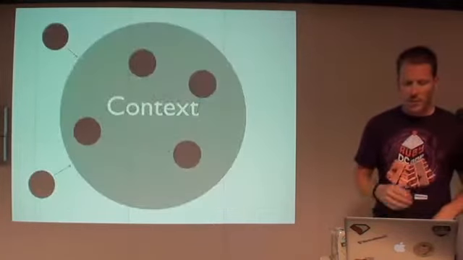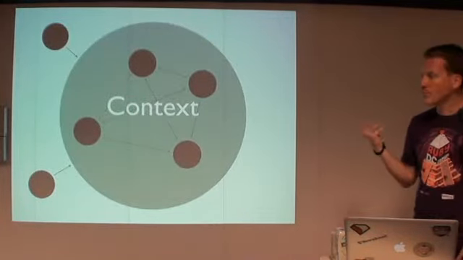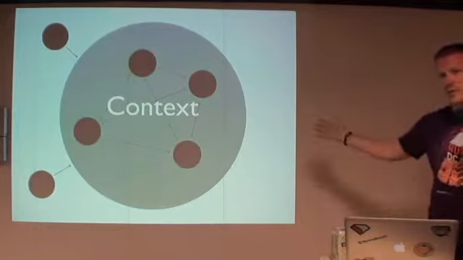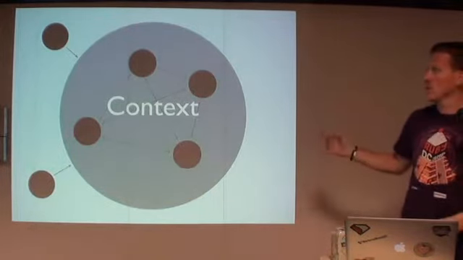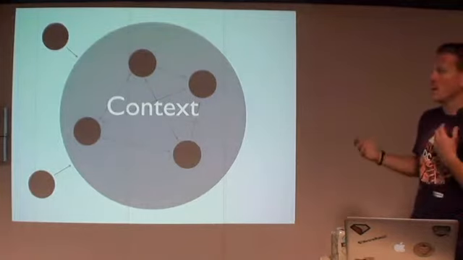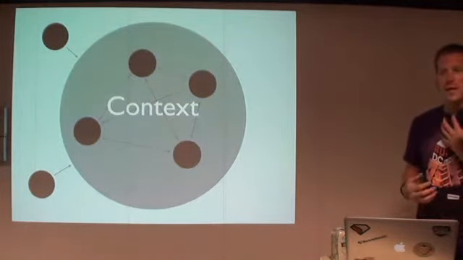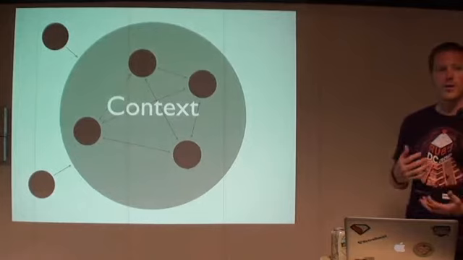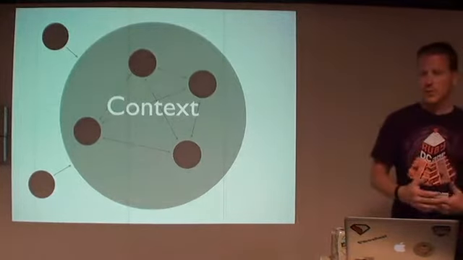And this is how I visualize it. This big gray circle is a context. So that's an object, and internally it represents this inner working system of other objects.